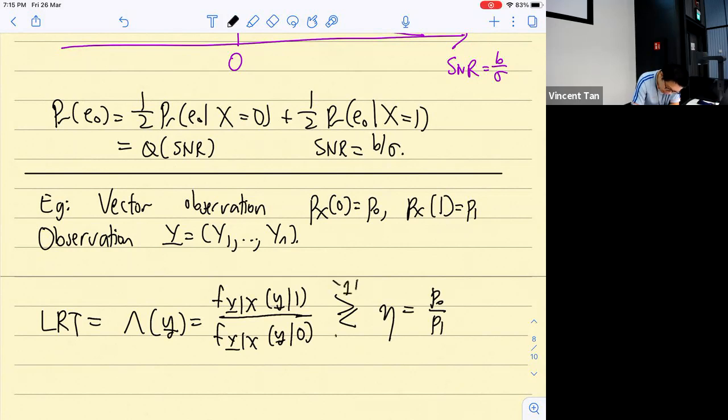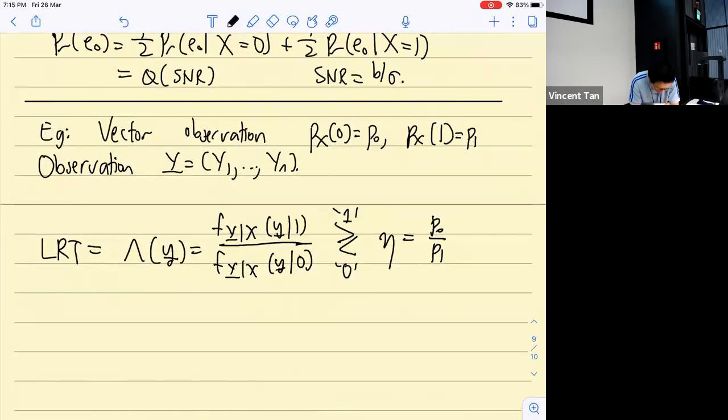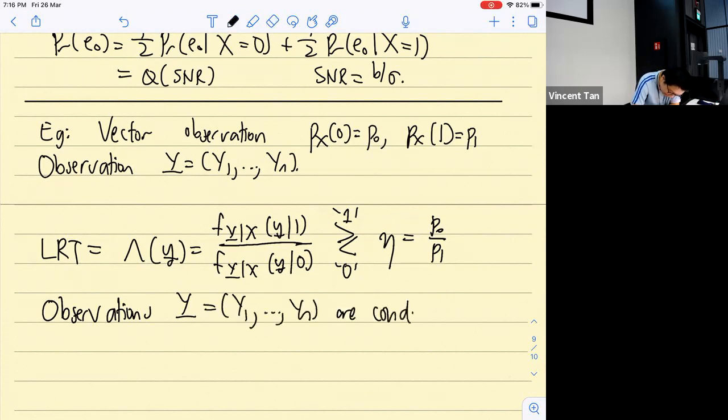I'm going to declare 1 here, I'm going to declare 0 here. So the point is that most of the time, our observations, maybe I make this capital Y, our observations, y1 all the way up to yn, are conditionally independent.